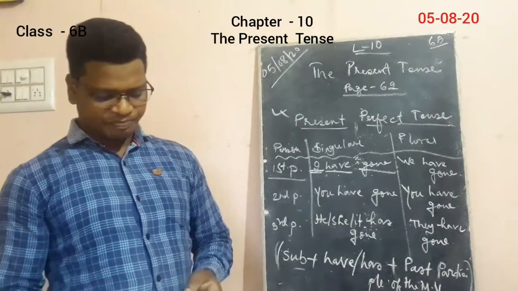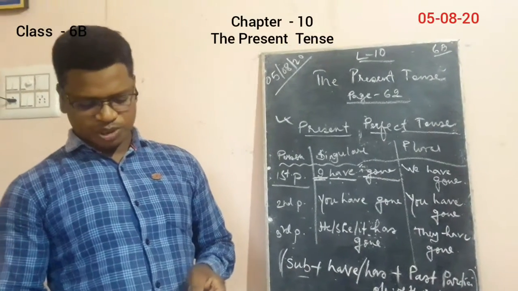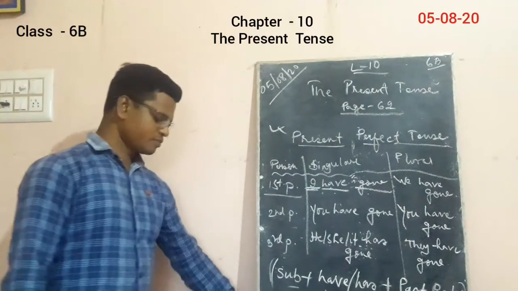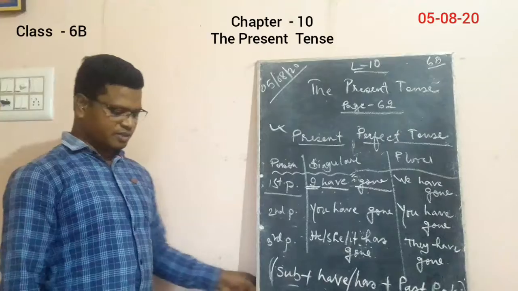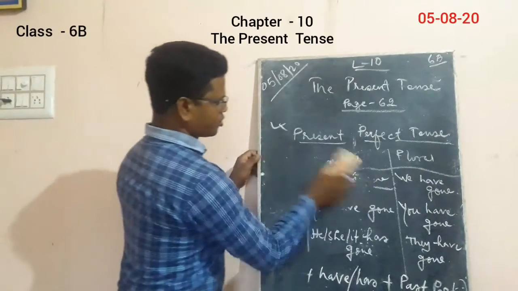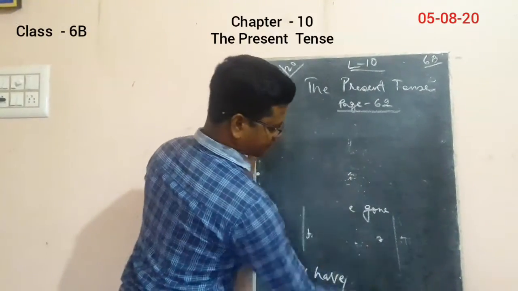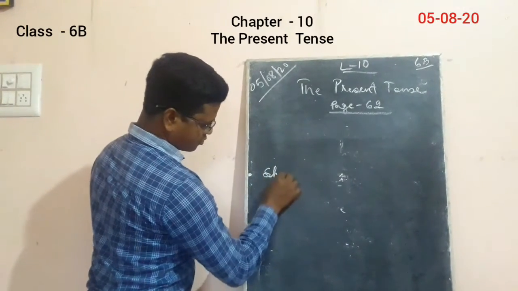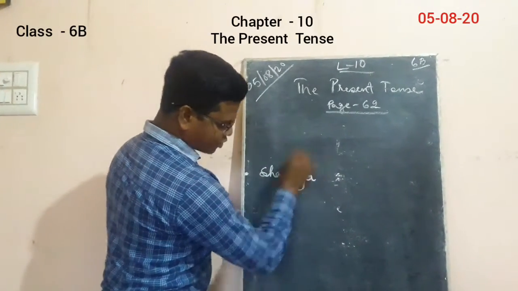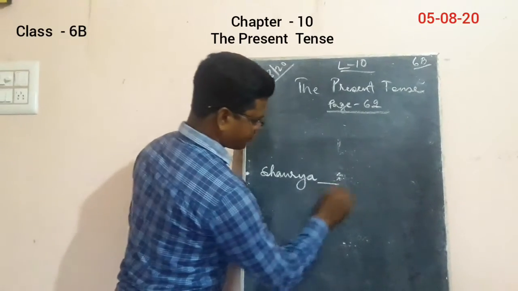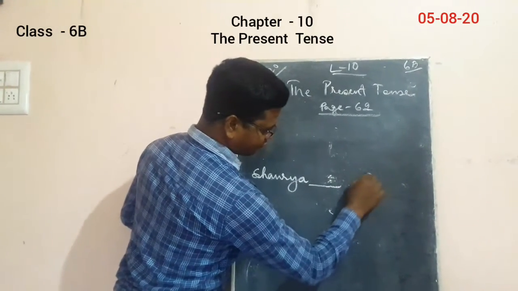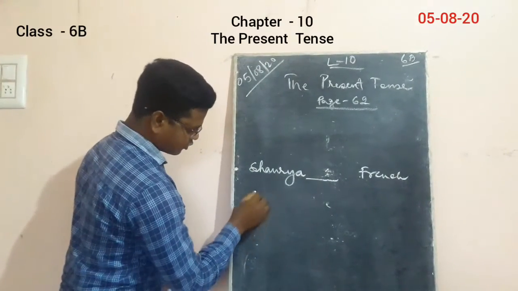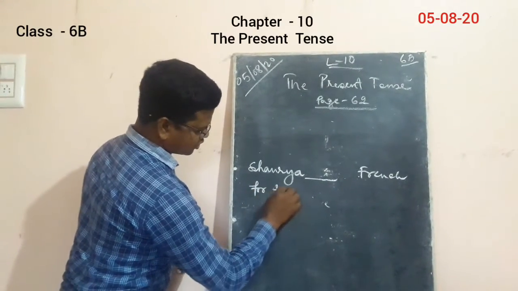Question number C. Choose the correct options to complete the sentences. So we have to select the correct options and do this work. Surya does then French for 20 years.